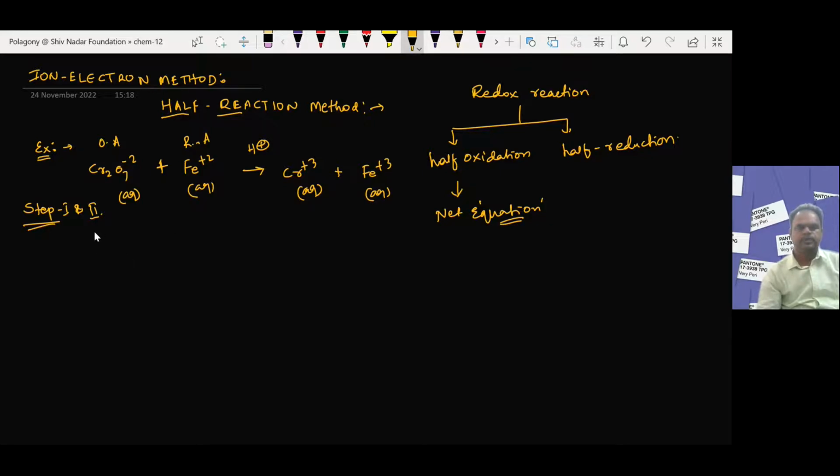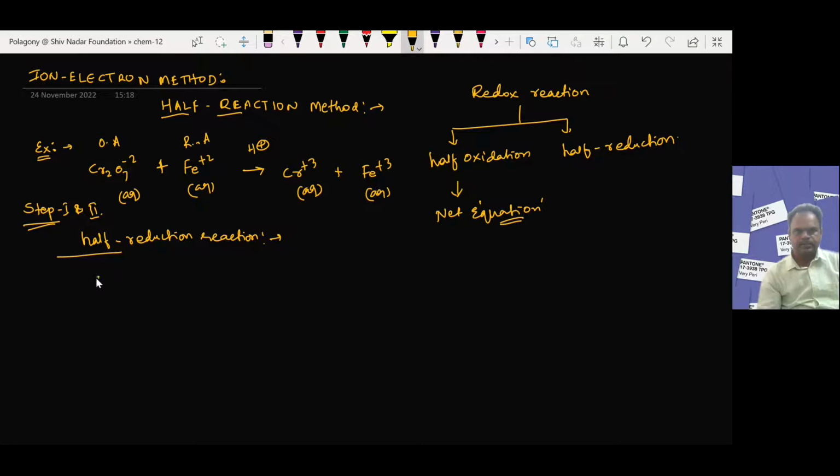Now first, let me write the half reduction reaction. Since dichromate is the oxidizing agent, it undergoes reduction.